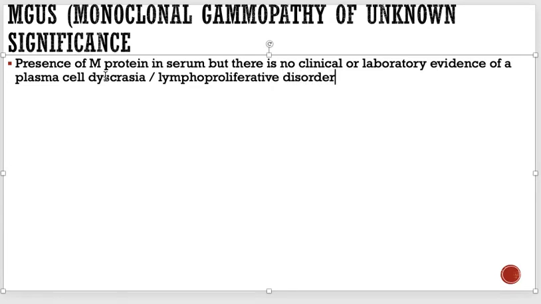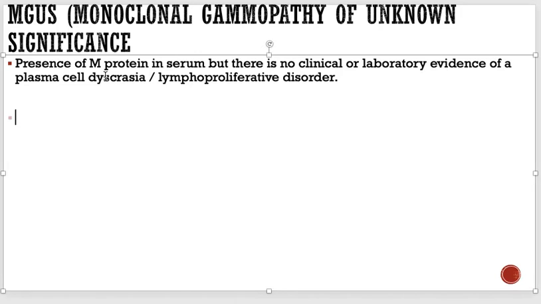Now see, plasma cell dyscrasia is when one kind of plasma cell is present in the blood in too much amounts. One cell line is proliferating too much, that's it.